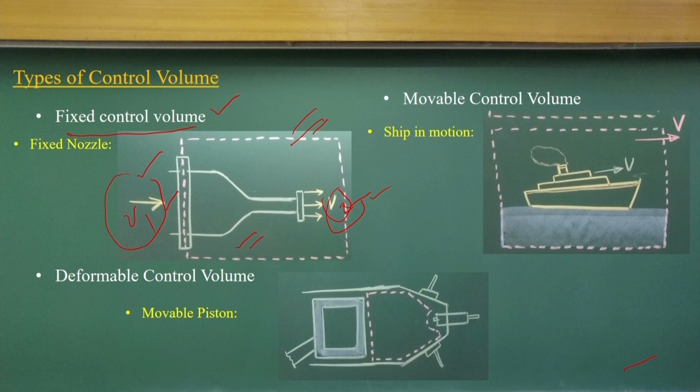But if you consider a movable control volume, for example, a ship which is moving with velocity v, we can consider a moving control volume.